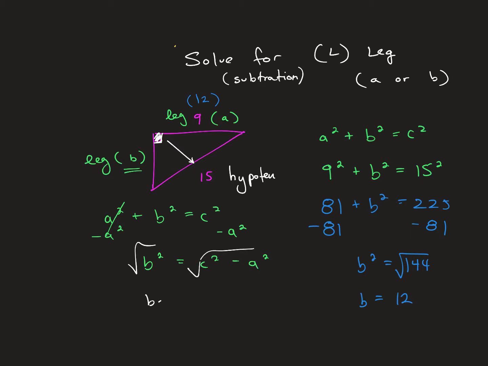B, or your leg, is equal to the square root of C squared minus A squared. This is like the simplified form in which we want to maybe more quickly plug in and solve. Oh, I apologize. That should be the hypotenuse squared minus the leg squared.